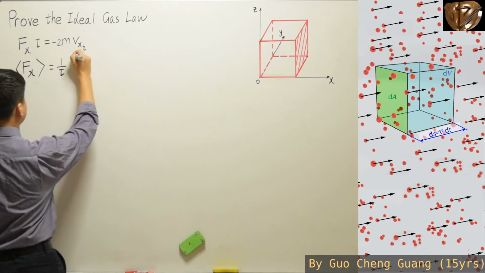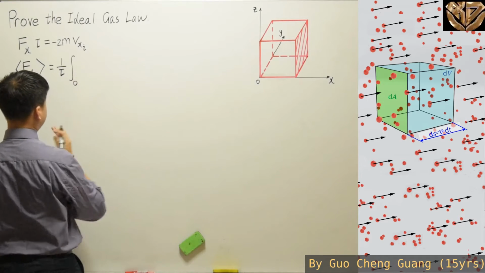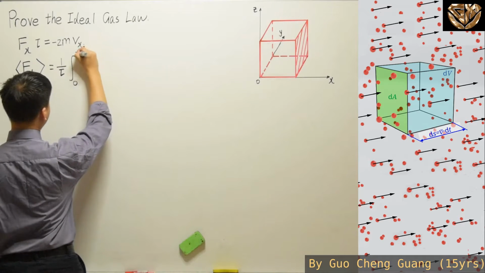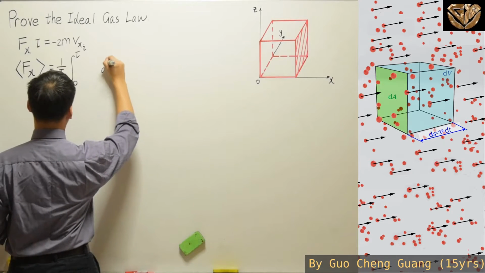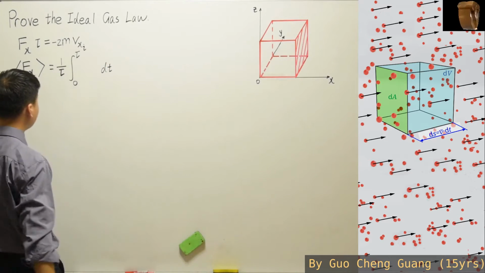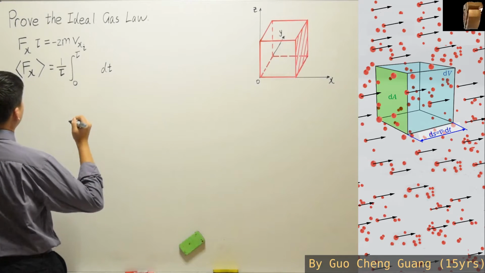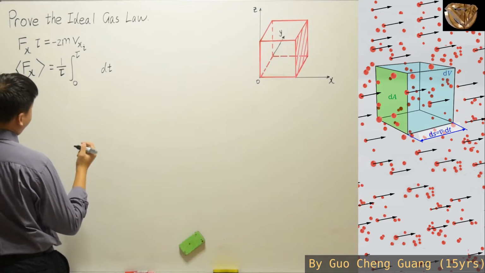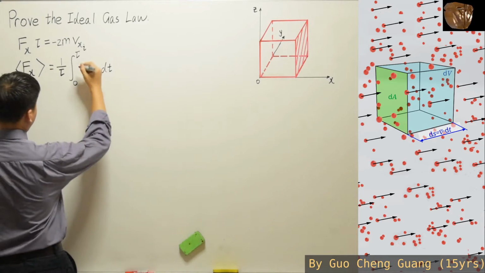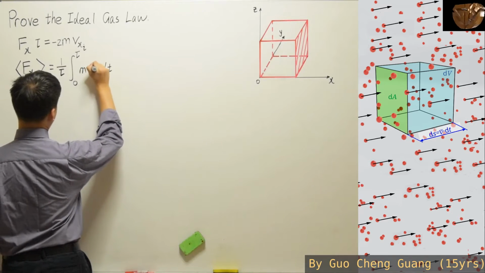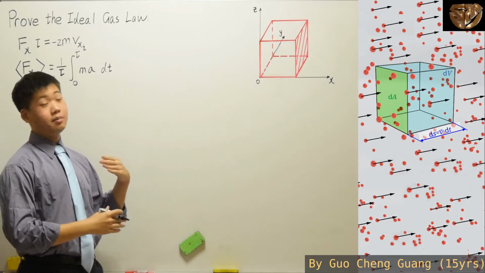Now an average force, that means you have to divide by this time taken. So how about we add them up from when it starts to when it ends, alright? But what are we going to add inside here? So that part would be an F. So you have F equals ma, which let's just say we write this as ma, since we have the force from time to time, right?